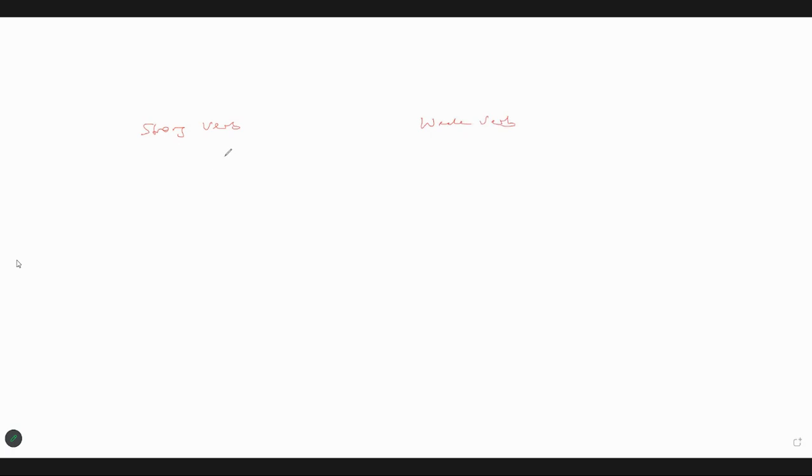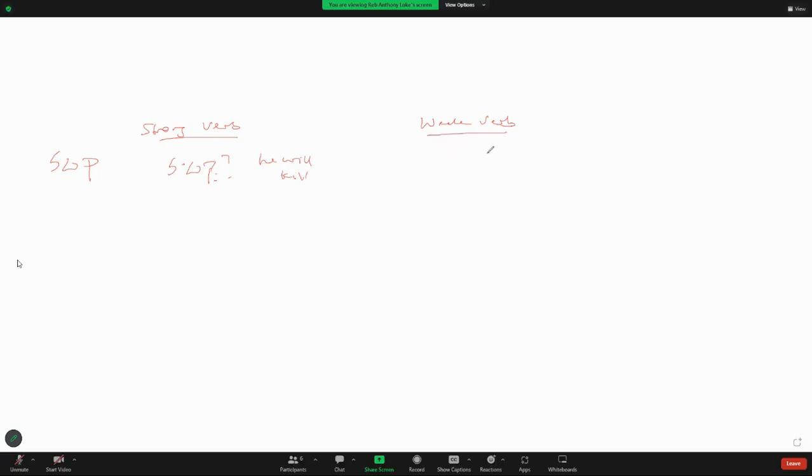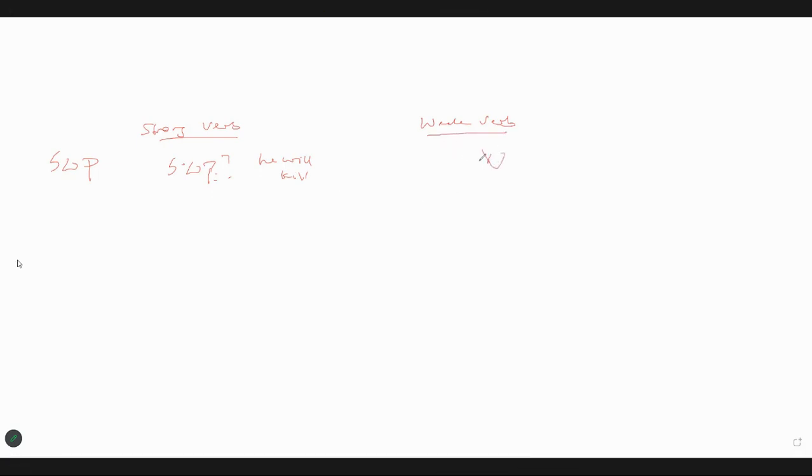Okay, so let's say you have a word like yikto, he will kill. So the strong verb uses all the three roots which are all strong letters, so there's no problem. And what if you have a weak verb, like for example, using something like this with the strong H at the end? Okay, shalak.